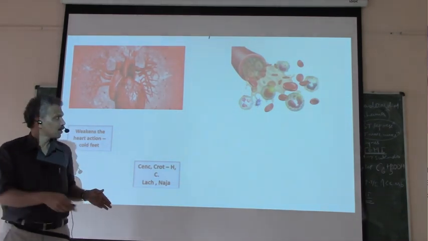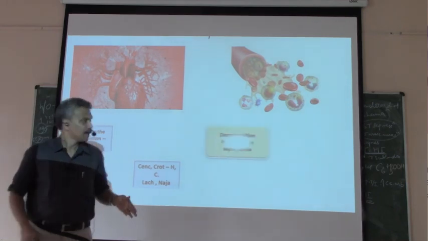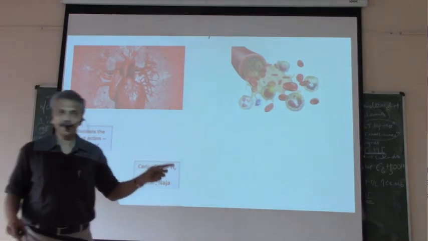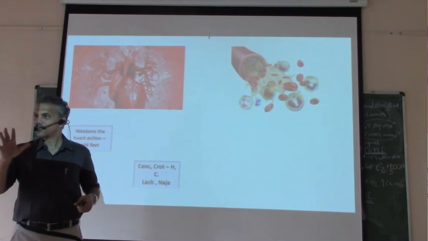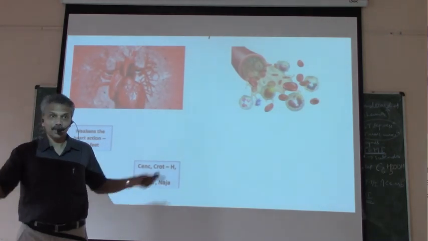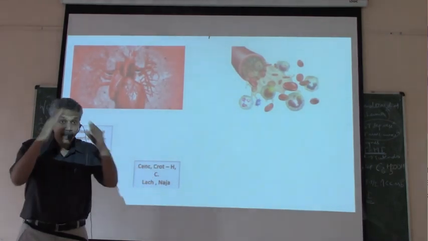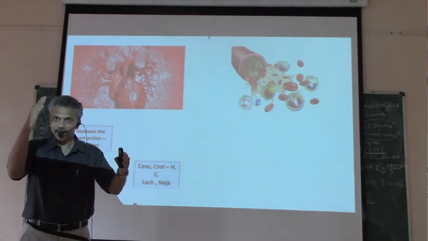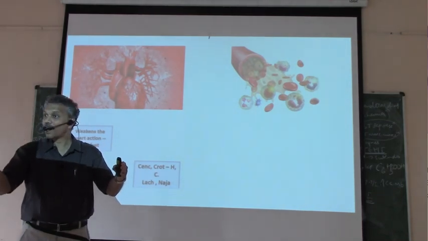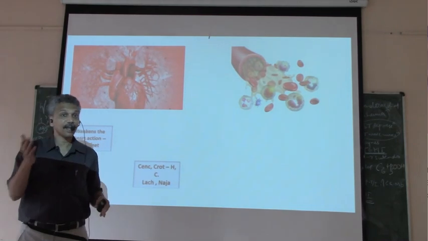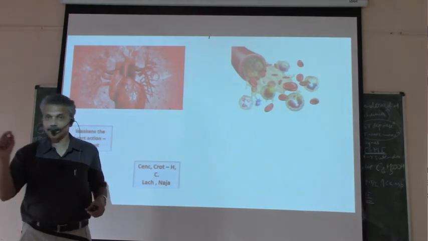Correct? So what you need to understand here is Ophidias acting on the blood will cause degeneration. What was the word used? It will cause breakage of the RBCs, hemolysis, destruction.